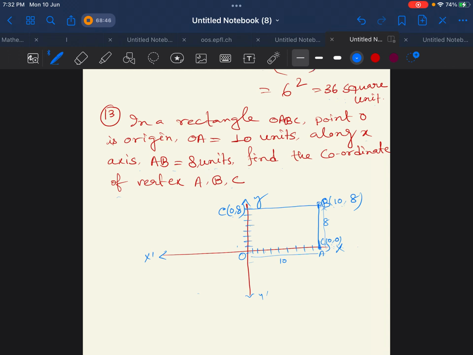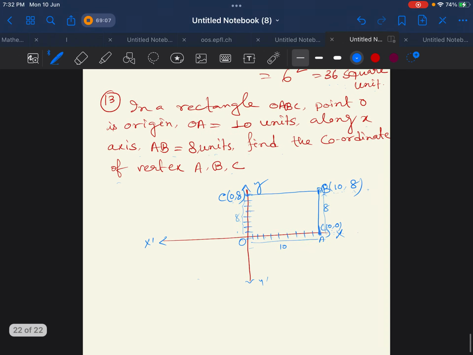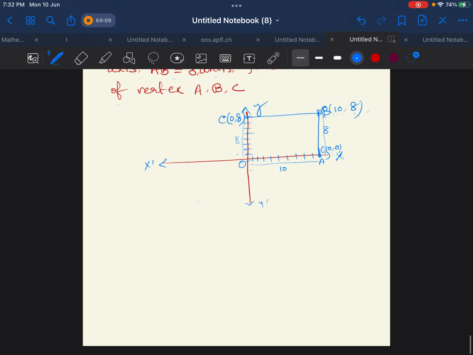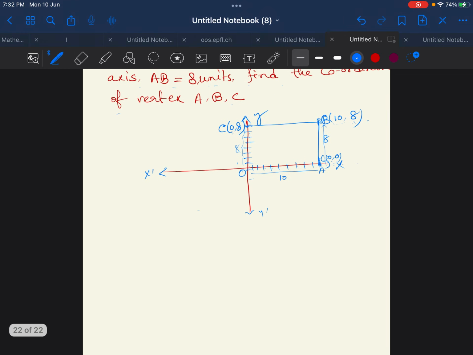Here the value of x is 10, and here the length from origin is 8, so this point on y-axis is (0, 8). Here the value of ordinate is 8, so this point will be (10, 8).